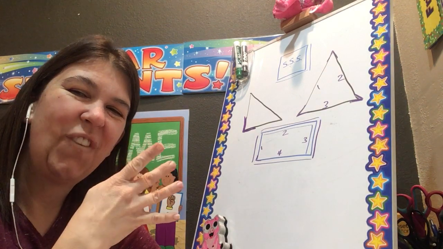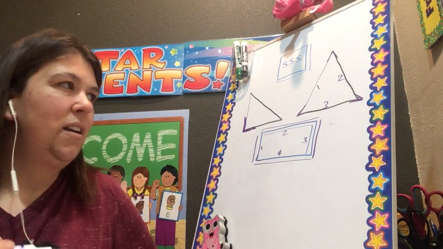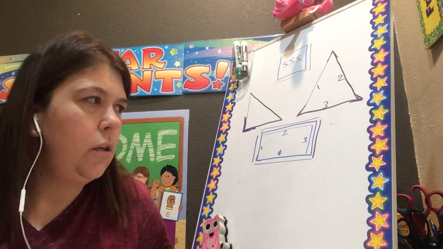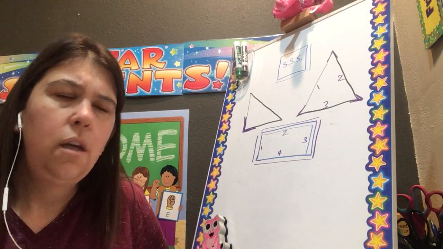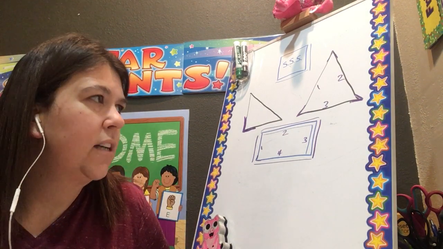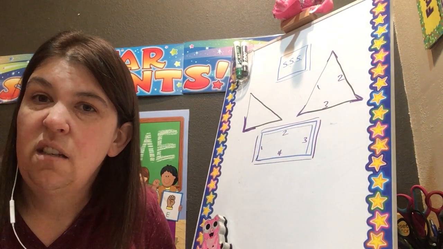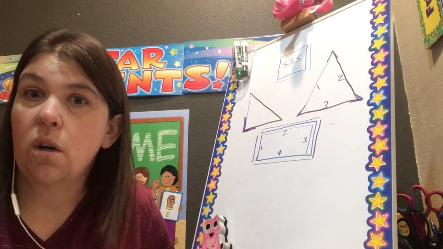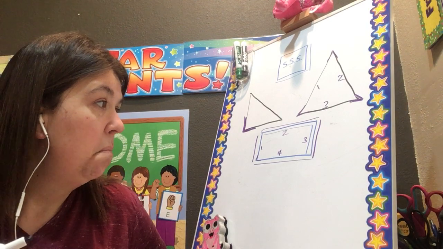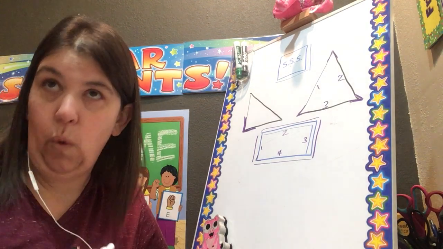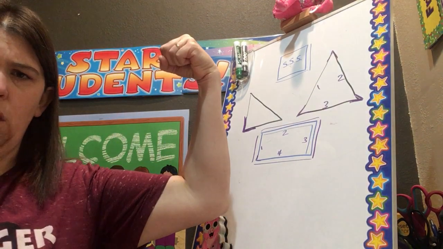You got it. 4. All right, guys, so you're doing pretty good there. You know a triangle has 3 sides. You know that a square and a rectangle and a triangle all have sides. They also all have corners. Some might be able to be a square corner.